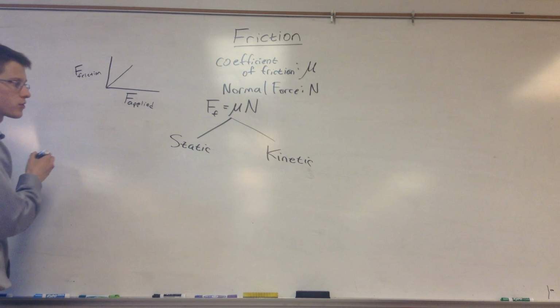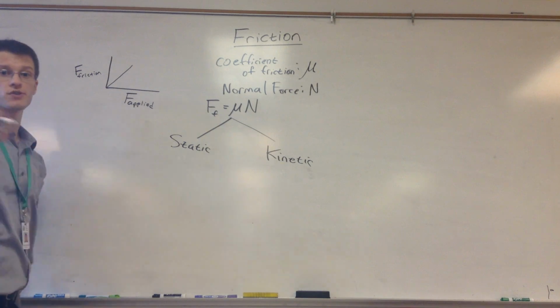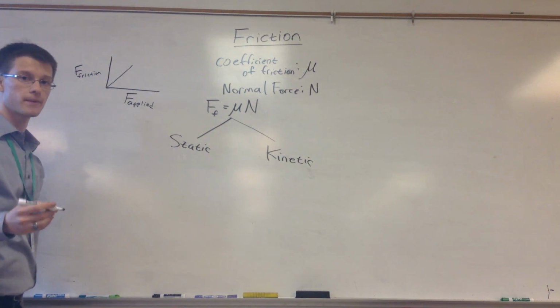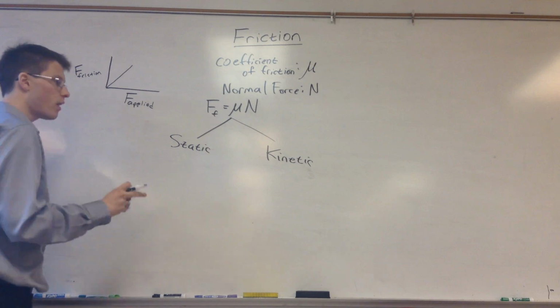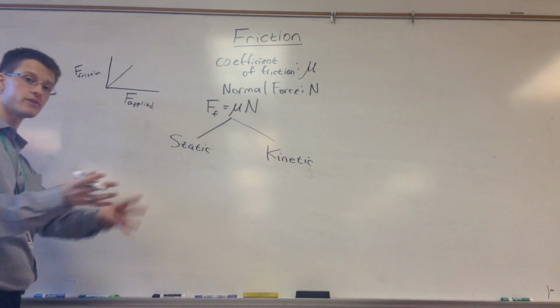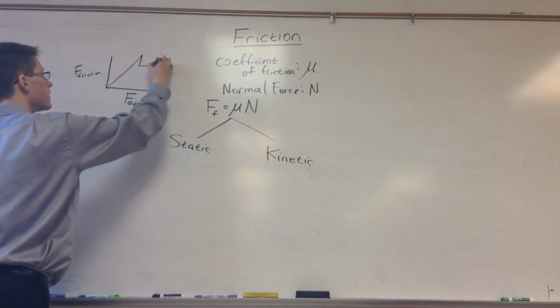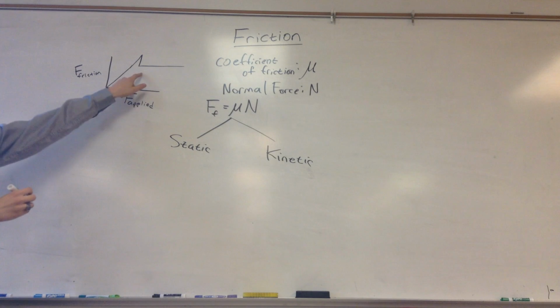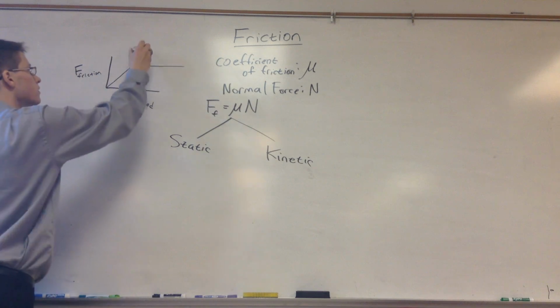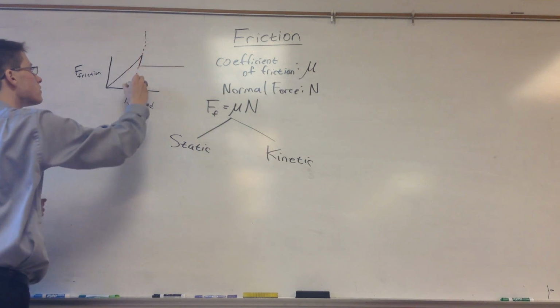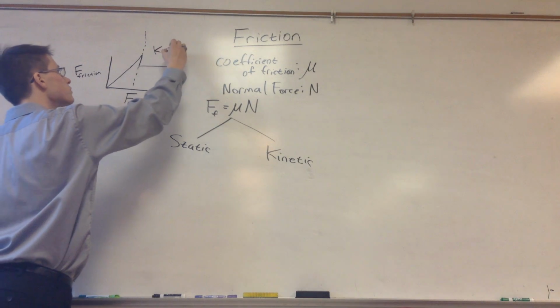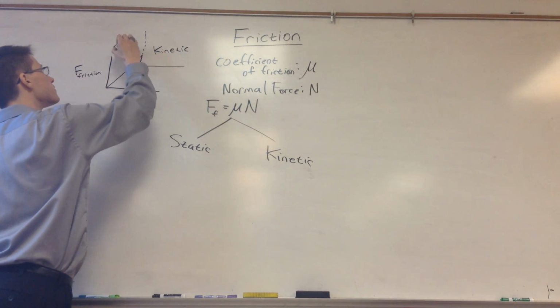And this is static friction. But then all of a sudden I'm going to switch into kinetic friction, and it's going to start moving. And when it does that, it requires less force to keep it moving than it did to start it moving. So I'm actually going to get a drop, and then a constant. So this is the force of kinetic friction, the realm of kinetic friction. And this is the realm of static friction.